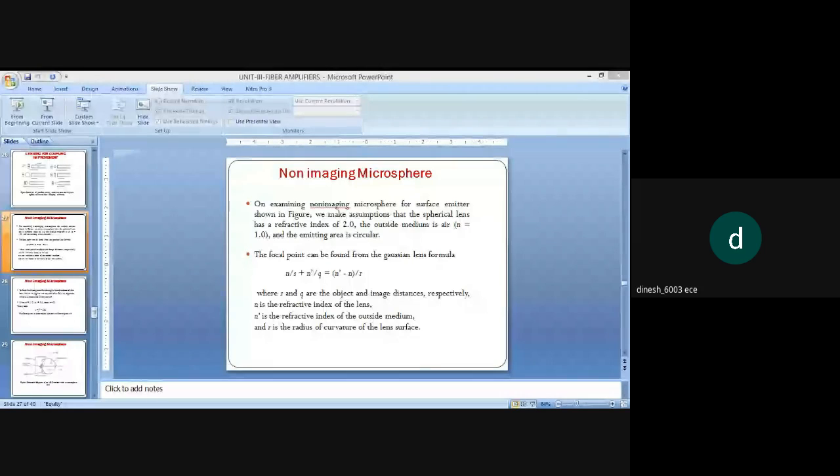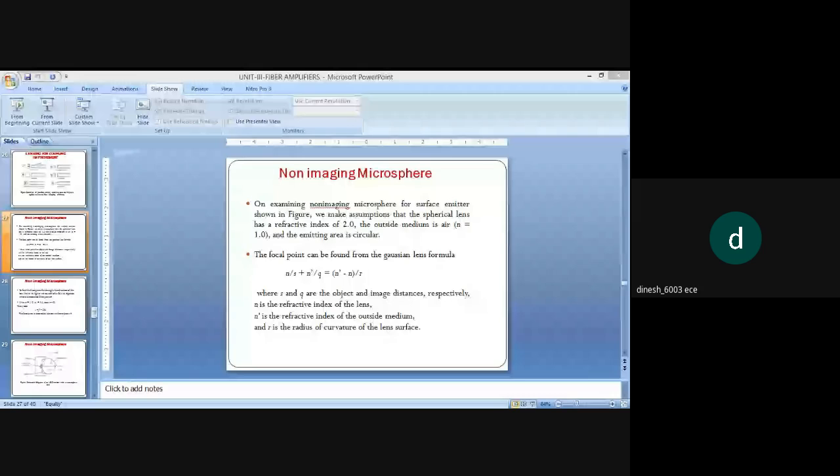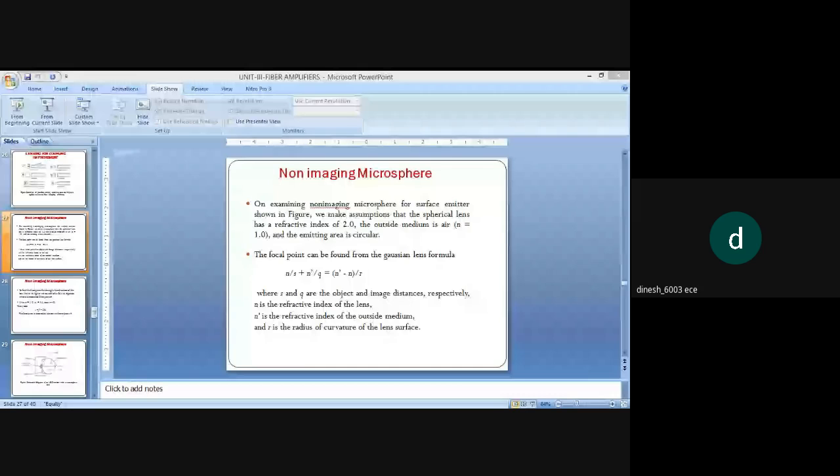So this is a schematic diagram of an LED optical source with a microsphere lens. This is your optical source, this is a microsphere lens. So this is your region, this is the H12. At a radius of RL, which is the microsphere lens radius, we get the focal length at point B. Making an assumption that n is 2.0 and n dash is 1.0.